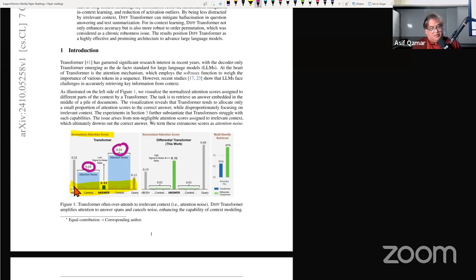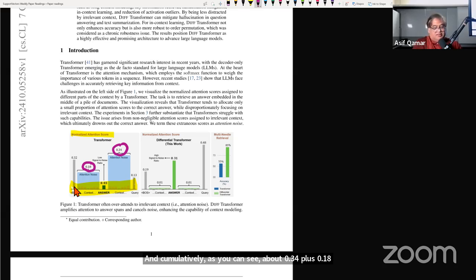So they coin a word which they call attention noise. It is the cumulative attention paid to those tokens in the context window which are essentially irrelevant to the query. Cumulatively, as you can see, about 0.34 plus 0.18 amounts to 0.52.